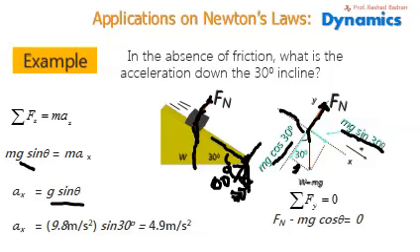So that's why the net force along the y-axis equals 0 due to Newton's first law. What we have along the y-axis, we have a normal force upward, and we have mg cosine theta downward. Then we get the normal force equal to mg cosine theta, and we don't need that at this moment. But when we have a friction, we might need this equation.